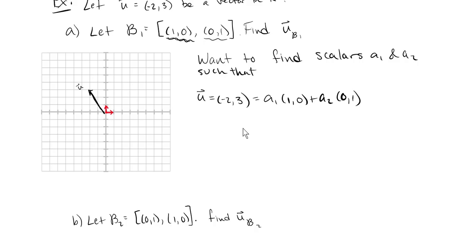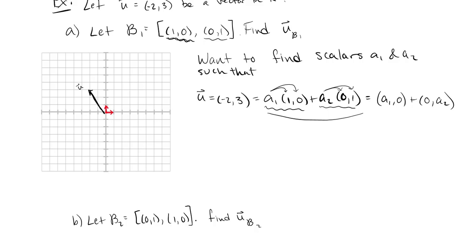And in this case, this is very easy to do. All we're going to have to do is combine everything together that sits on the right side of this equation. So for example, the A1, we can take that through this vector, and that's just the vector (A1, 0). Take the A2 through this vector, bring that scalar in.